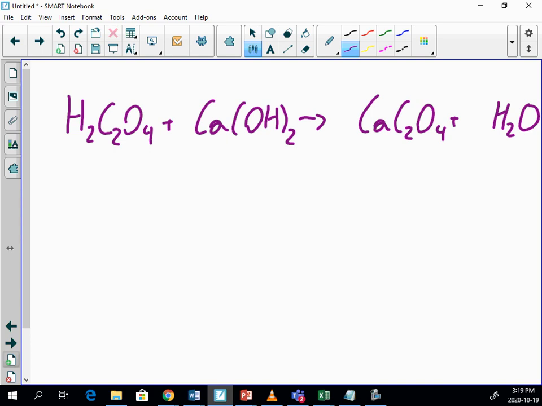Our balancing here is actually pretty darn easy. I put a 2 in front of my H2O, I'm actually good to go. I have 1 calcium here, balanced with 1 calcium here. I've got 2 carbons here, balanced with 2 carbons here. I've got these 4 oxygen, which I can think of as balancing against these 4 oxygen.